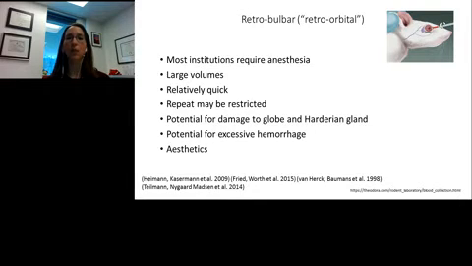Some institutions will restrict the number of serial samples that can be collected from the same eye. There is potential for damage to the globe and the Harderian gland, and that's well documented in the literature, and is usually cited as one of the main disadvantages of this technique. There is a potential for excessive hemorrhage, and this method just is not always pleasing aesthetically to some performers.